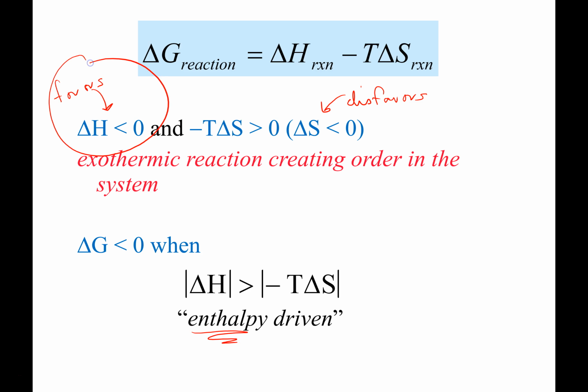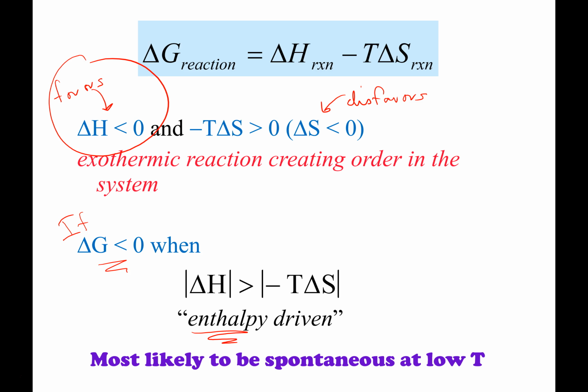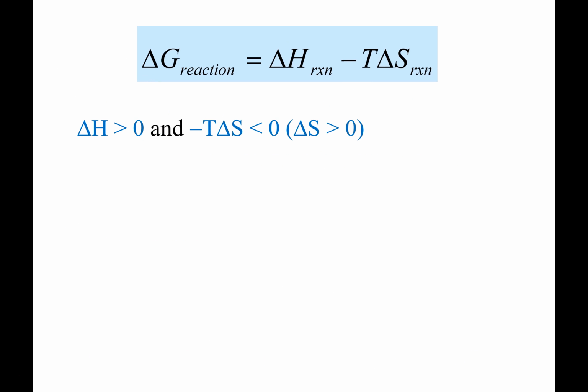Now I'll put an if here because it may not be less than 0. Okay. So notice that the condition that would favor your delta H taking over is if your T is small. You want the absolute value of this quantity to be small. Well, the smaller your temperature is, the more likely that is to be the case. All right, that was 2 of 3 scenarios.